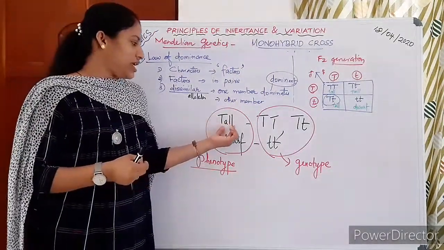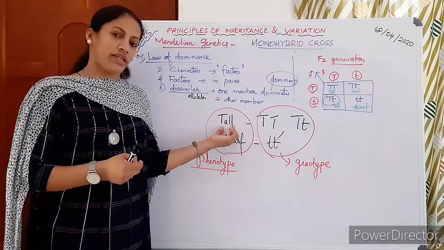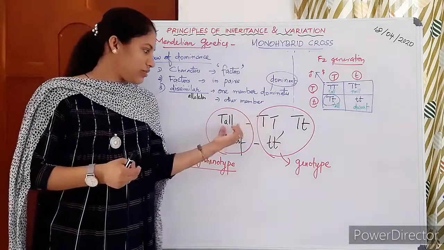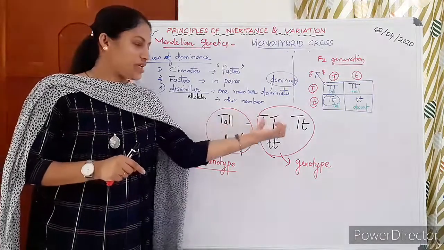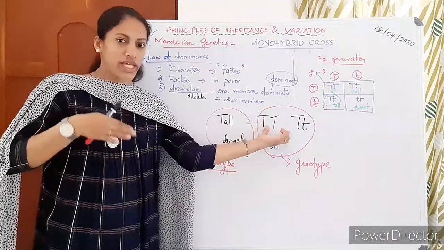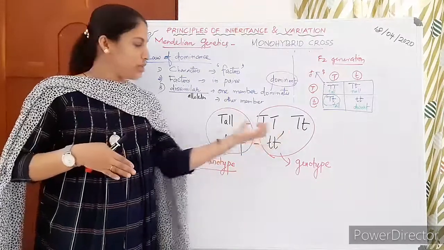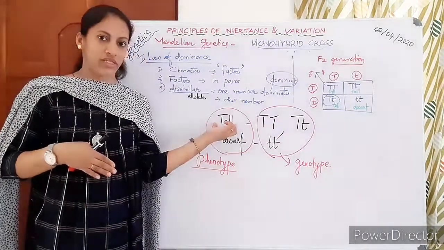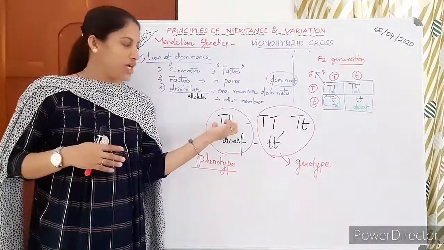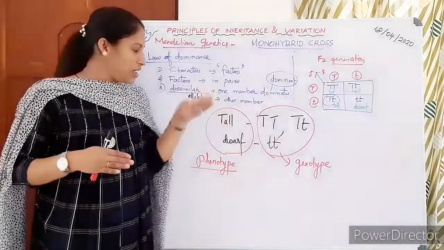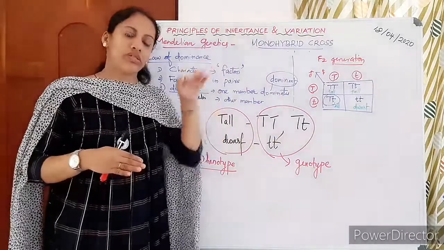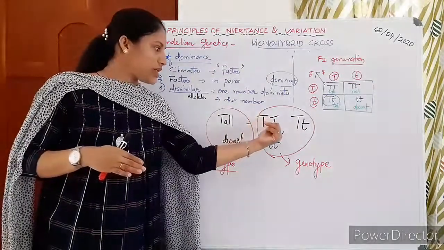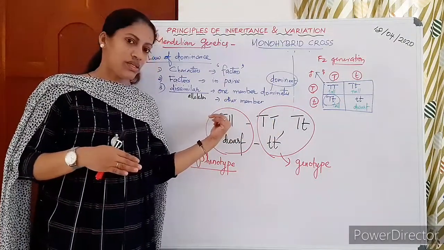Tall characteristic is expressed as tall, but we cannot say that is its genotype. Genotype is the hidden genetic makeup, whereas how it is expressed is phenotype. Tall is phenotype, dwarf is phenotype, whereas the genetic makeup is genotype. Capital T genotype is expressed as tall.